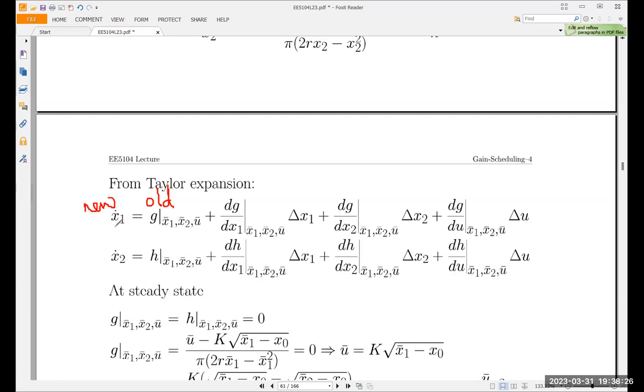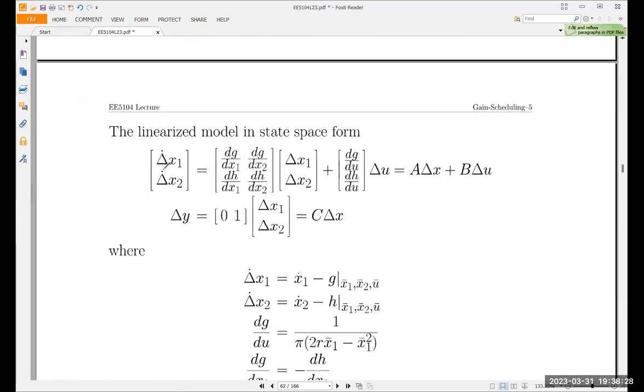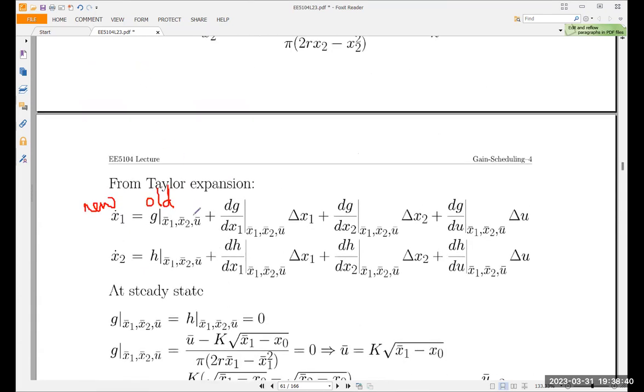You will have delta x1 dot. So delta x1 dot. I think I should put the dot here. And then I put a dot here. So nu minus O will be delta x1 dot. Then this will be x1, x2 times dg dx1, dg dx2.